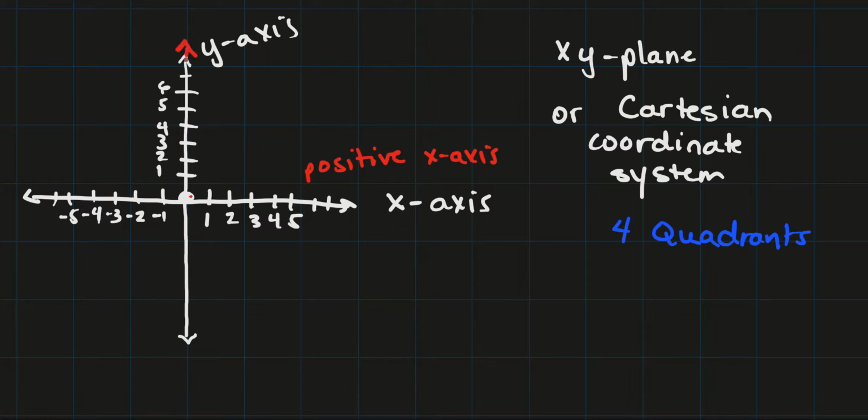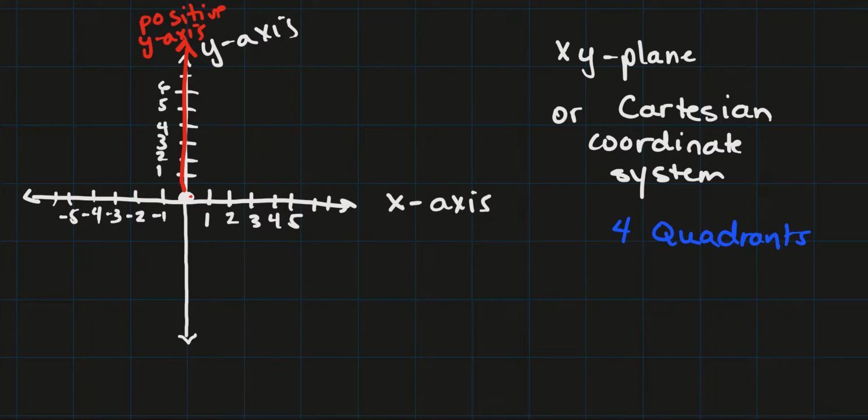This piece is going to be similar to the positive x-axis. We're going to call it the positive y-axis. So this is the positive y-axis. Here you're going to have 0, then 1, 2, 3, 4, all the way to positive infinity. So this whole portion of the y-axis is called the positive y-axis.